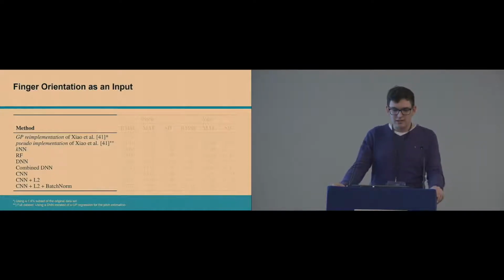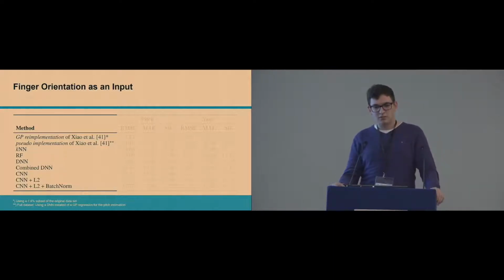As I said, Gaussian processes have this problem of the quite big space they use for training, and therefore we basically did two implementations of the XR model. We first used the Gaussian processes models, but only with 1.4% of the data, which is roughly the amount that XR et al. used in their paper.